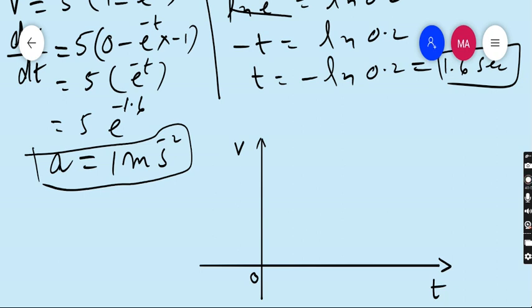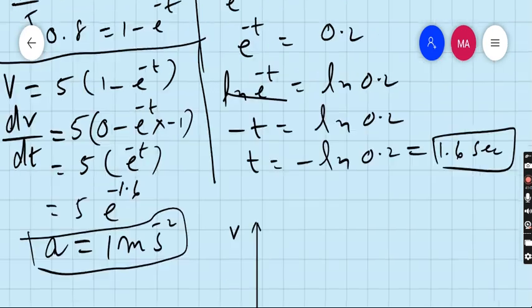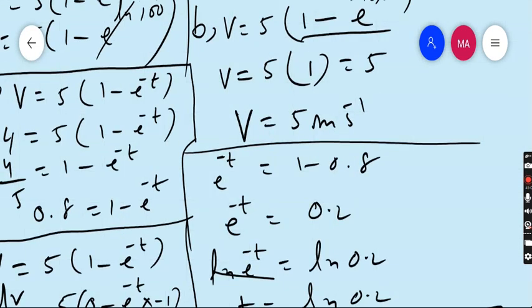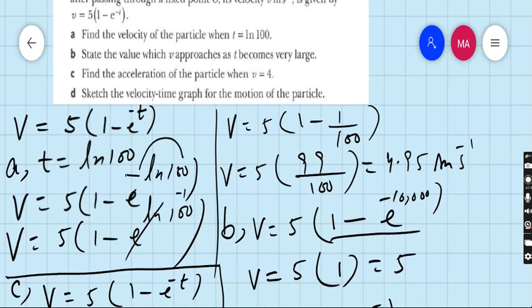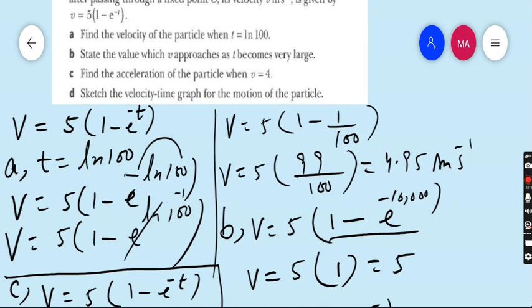So the first point is, I will use another color pencil, at time 0, the value of v is also 0. And at t equals 2, 3, 4, 5 and so on, the value is something less than 5.